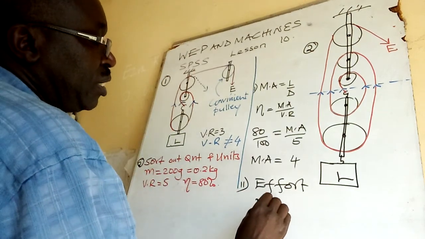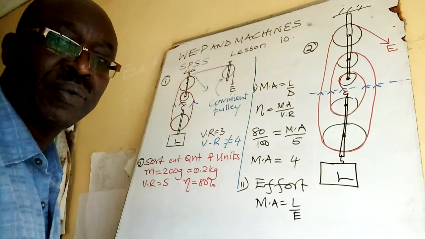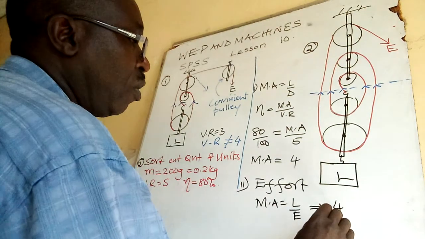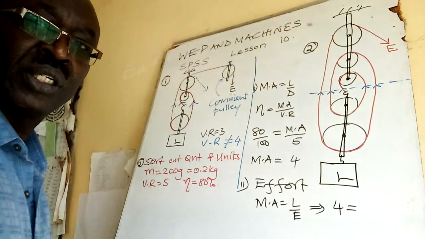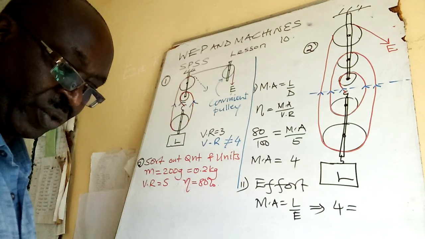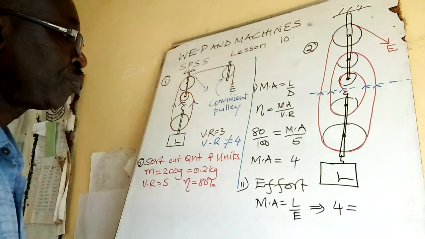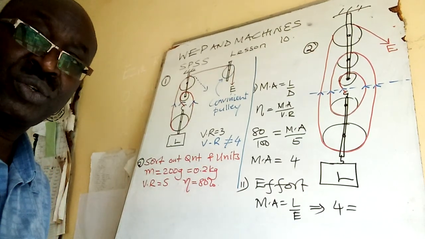Mechanical advantage is equal to load over effort. When you substitute this, you get 4 is equal to load. Load must be in newtons. Remember, effort is in newtons, it is a force. Load is also a force.